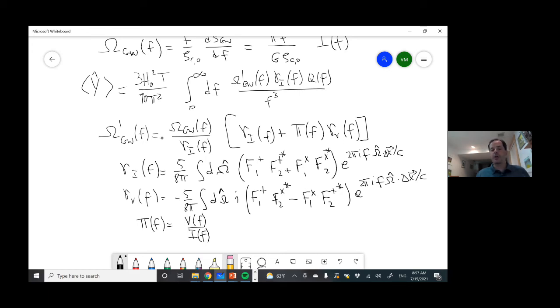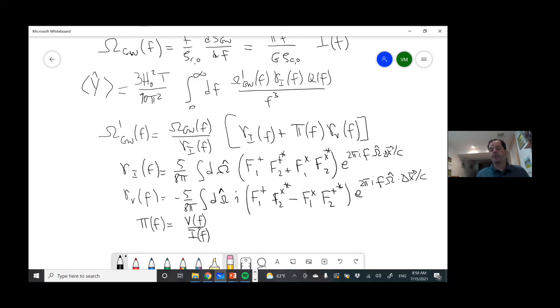So for omega prime, if there were no polarization, V of f would be 0, and pi of f would be 0. So this term would go away. Gamma I would cancel gamma I here, and omega prime would be exactly the same as our omega, the template spectrum that we search for. However, if there is polarization, so V is non-zero, this pi could be non-zero.